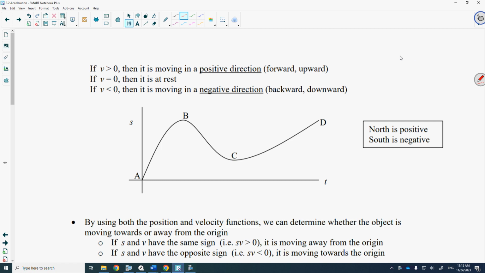Okay, so first thing that we need to remember is with velocity, if I'm asking you for a velocity function, velocity is going to be the first derivative of a position time function.